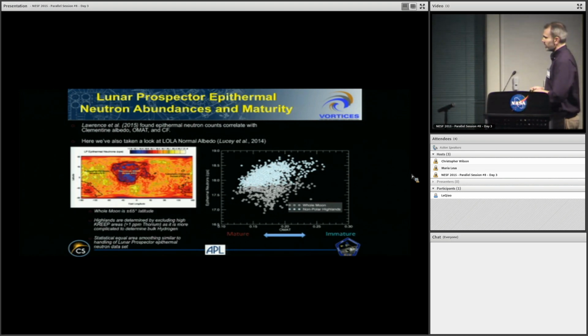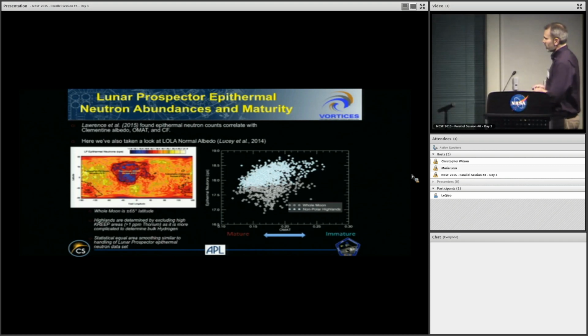He removed the KREEP-bearing regions for the time being. So this is the whole moon in the gray dots, and in the light blue dots is the non-polar, KREEP-bearing terrain removed data. This is basically your non-polar highlands relative to the whole moon.